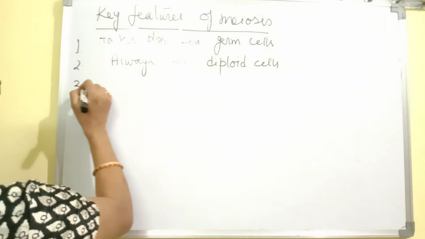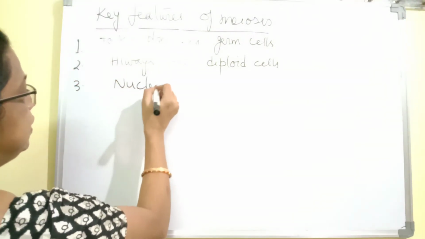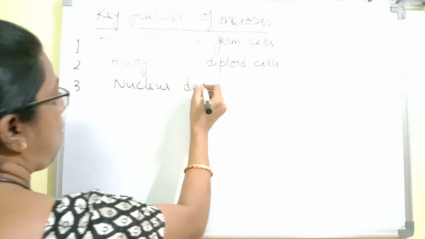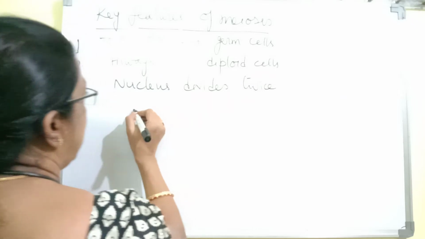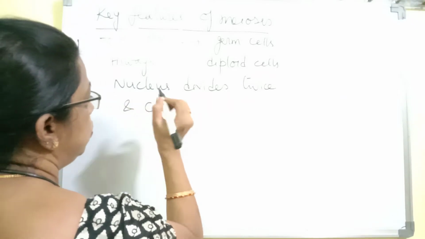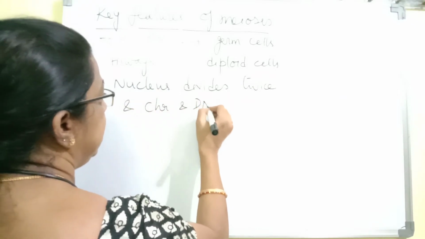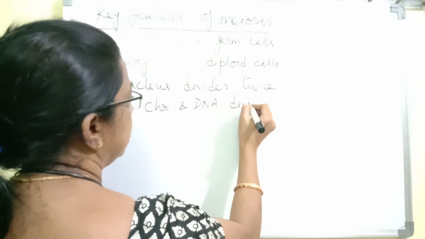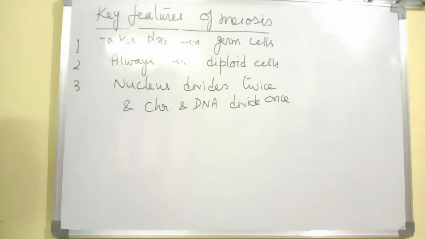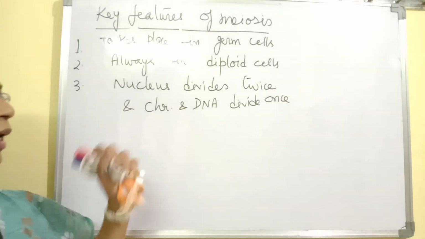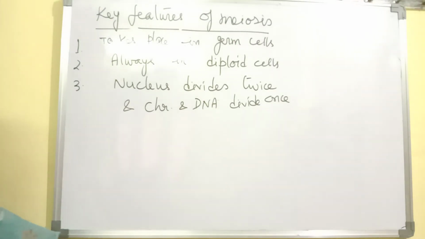Then, the nucleus divides twice, and the chromosome and DNA will divide once.